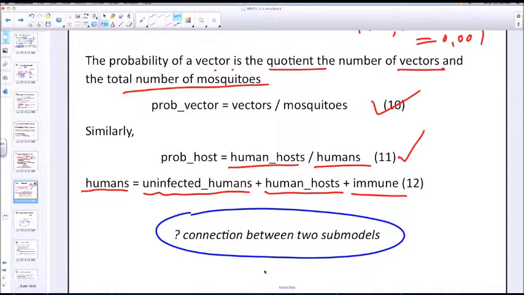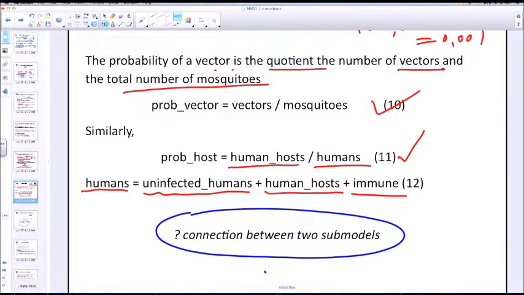What's the connection between the two submodels? If you don't understand this, you won't make sense of this new disease spread model. It's just like the old one. But once you understand the connection between the two submodels, then everything will make sense.